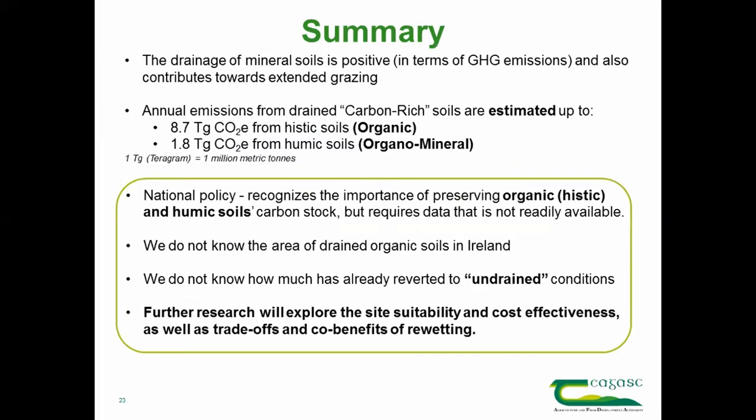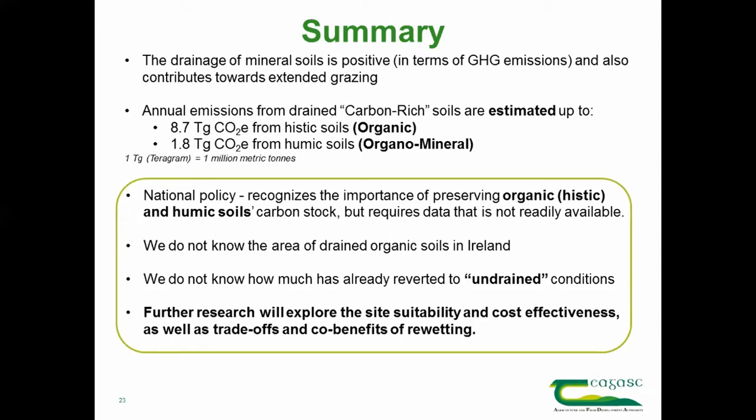Okay, so we can move on to questions fairly soon, because I want to summarize this. So the headline figures, folks, I suppose: the drainage of mineral soils is positive in terms of greenhouse gas emissions mitigation, and can also contribute towards extended grazing. Annual emissions are estimated from drained carbon-rich soils, so the ones we've been discussing, at up to 8.7 teragrams CO2 equivalent from histic soils, and 1.8 from humic soils.